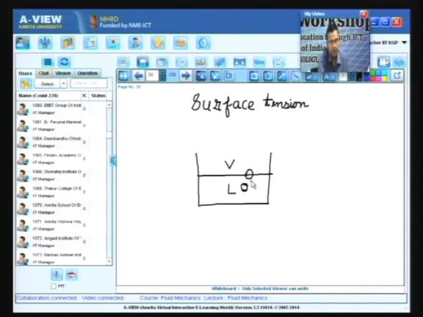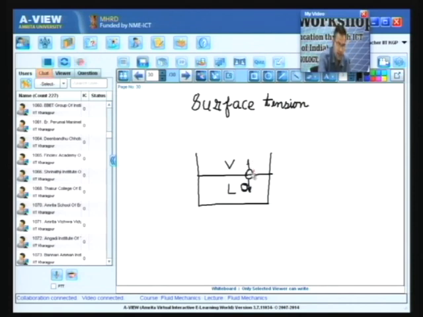It is obvious that the pulls on the molecule will be different from the vapor side and the liquid side. In the liquid side, because of a greater density of the molecules, it is intuitive to expect that the force from the liquid side is much stronger than the force from the vapor side, and the reason is obvious.